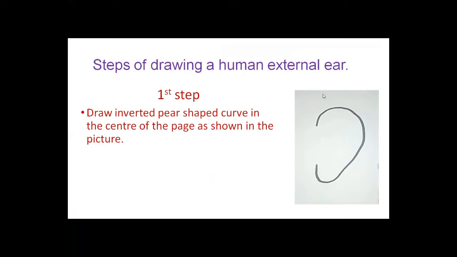Observe the diagram. This is the pear shape, but this pear shape is inverted. Then use sharp pointed pencil for the drawing of correct diagram.